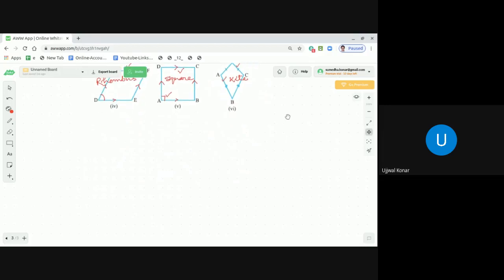And if you have any statement or any comments, do not hesitate to let me know. What I'm going to discuss now are the important properties of the parallelogram, rhombus, rectangle, square, and kite. So I'm going to write it down here, dear students.